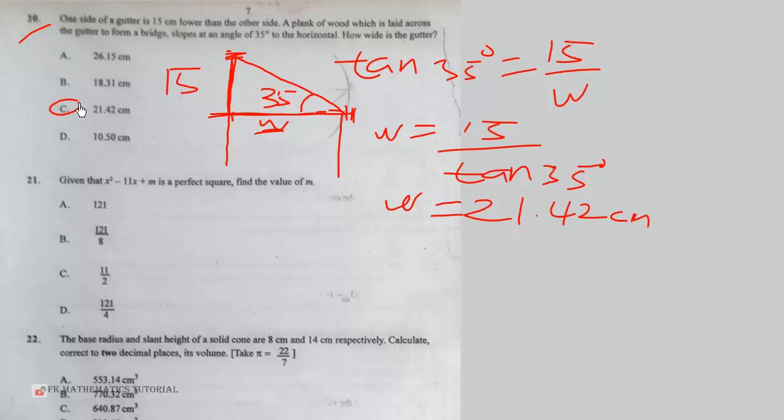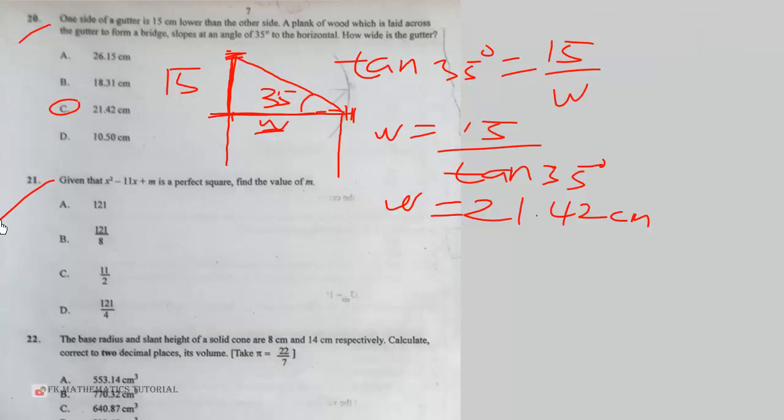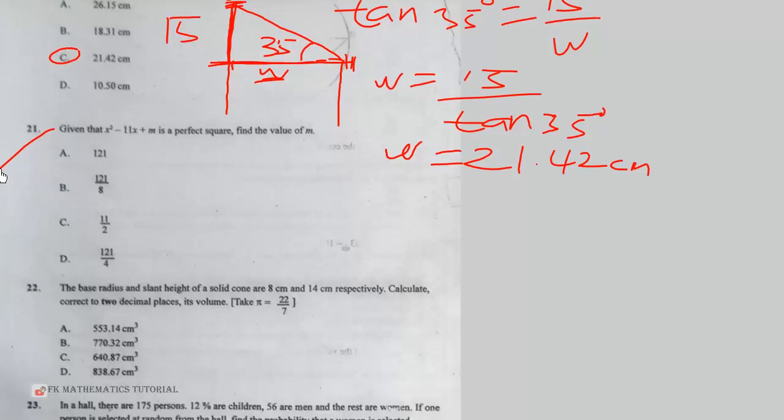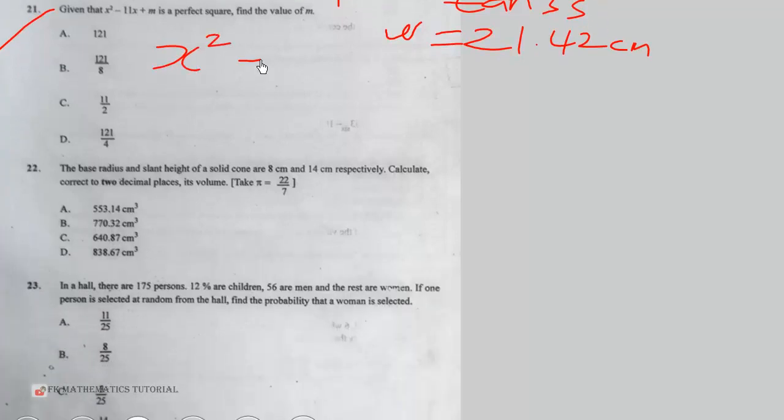Question number 21. Given that x squared minus 11x plus m is a perfect square, find the value of m. So to complete the square, what we have to do is add the square of half the coefficient of x.